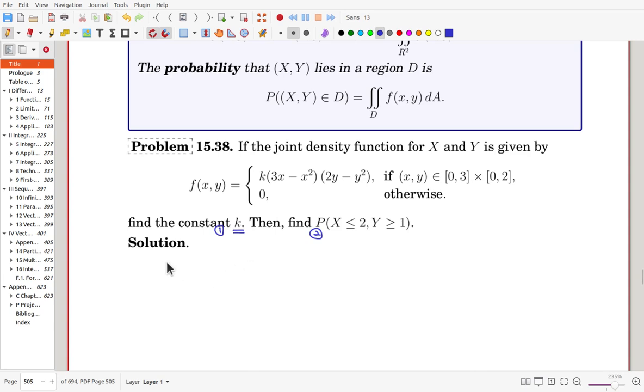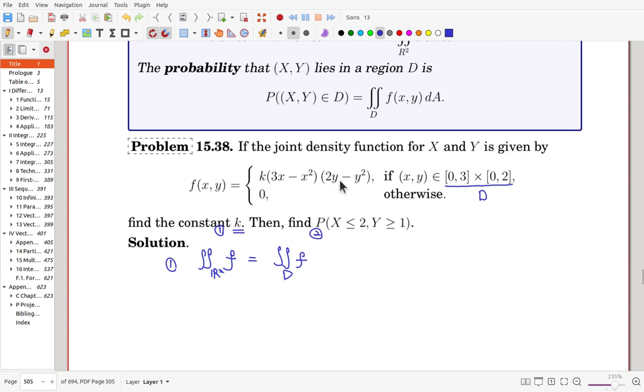So for the first part, the integral over the whole plane of f can be obtained through the integral over the region D, because outside of D the function is 0. So we have that.